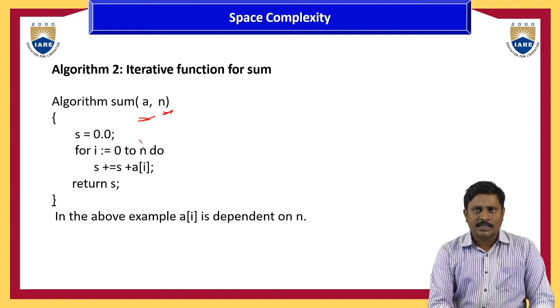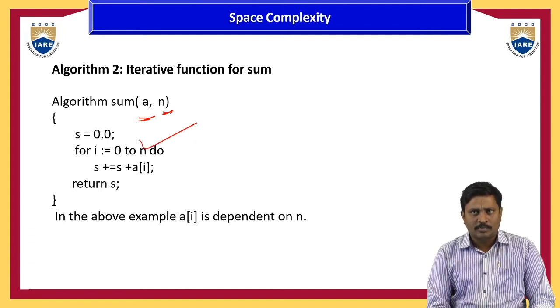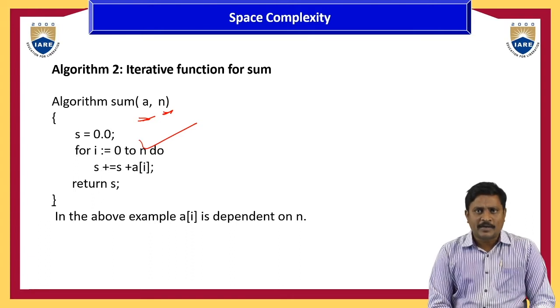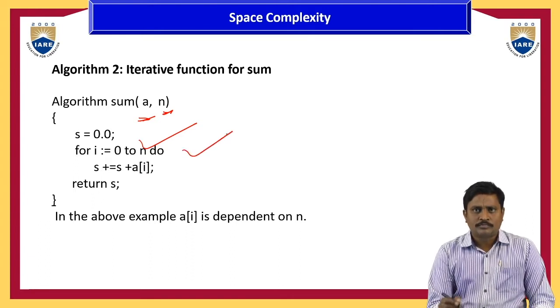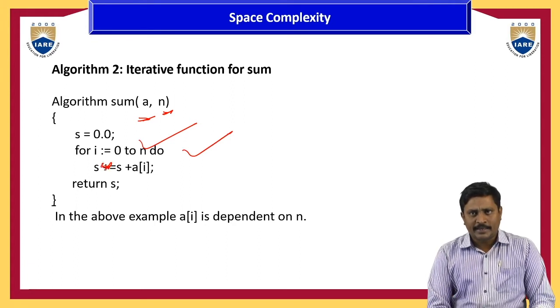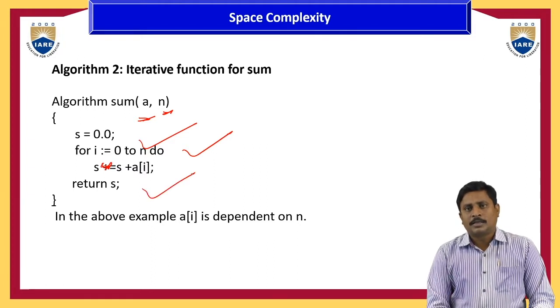Initially we take S value 0.0. To iterate over all the elements in the array, we write a for loop for i equal to 0 to n minus 1. Now S equals S plus A[i], and we return that sum value.